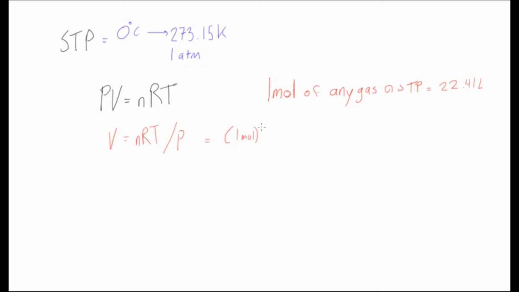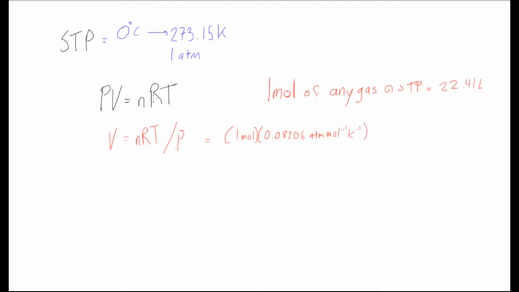And then R is our universal gas constant, and we're going to be using atmospheres for our units, so we use 0.08206 atmosphere liters per mole per Kelvin.